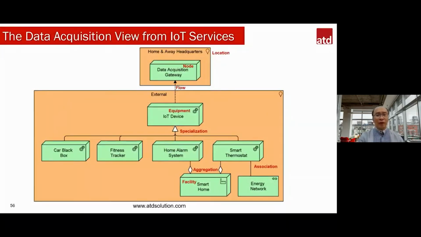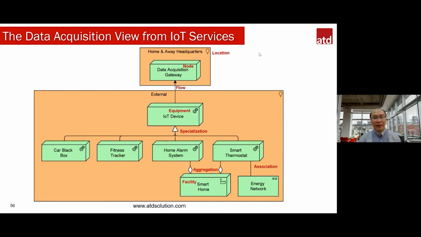So in this example, you are collating all the trackers and equipment from your smart devices, like the smart thermostat, home alarm system, fitness tracker, car black box. All that can be consolidated into the IoT device.